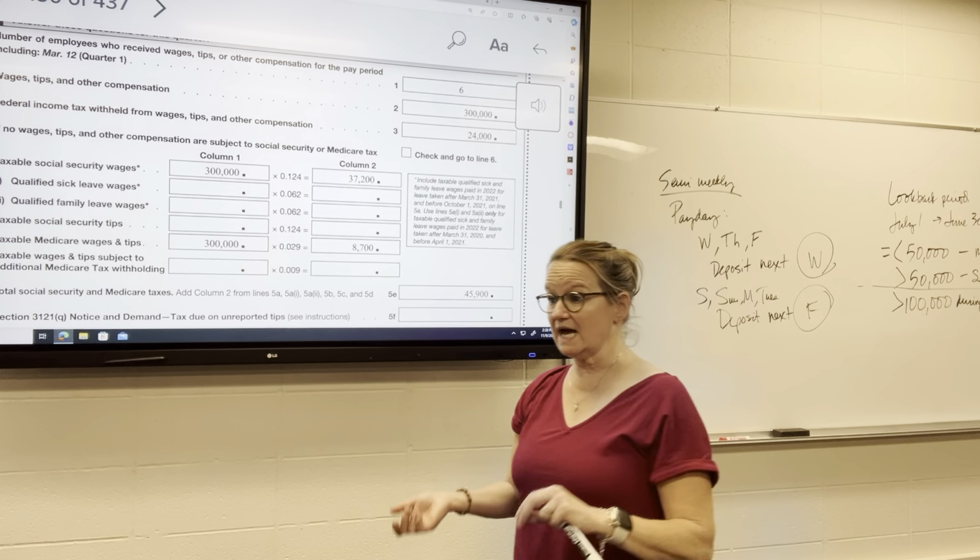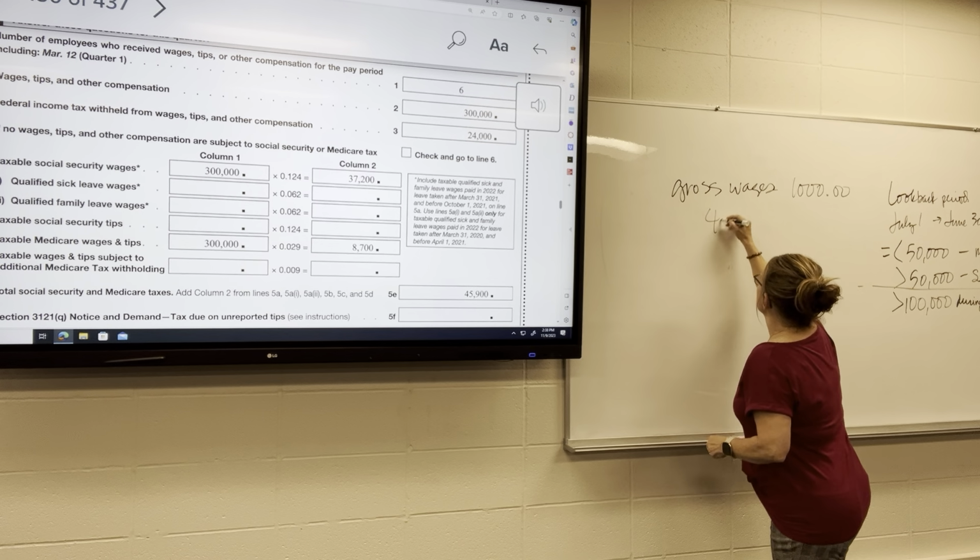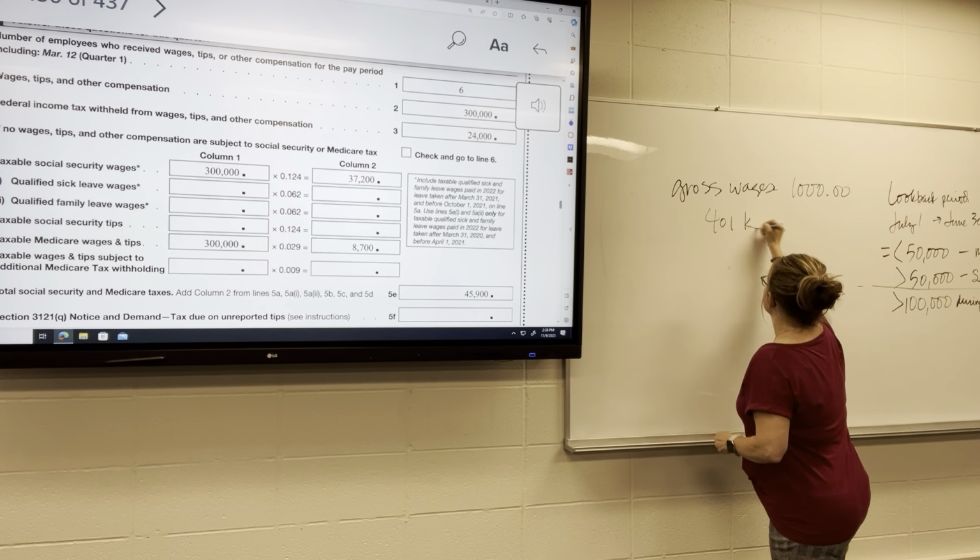So if you've got an employee with gross wages of, say, $1,000, and they contribute $100 per pay period to a 401k, their taxable wages for federal income tax purposes would be $900, because they get to reduce that 1,000 by the 100.